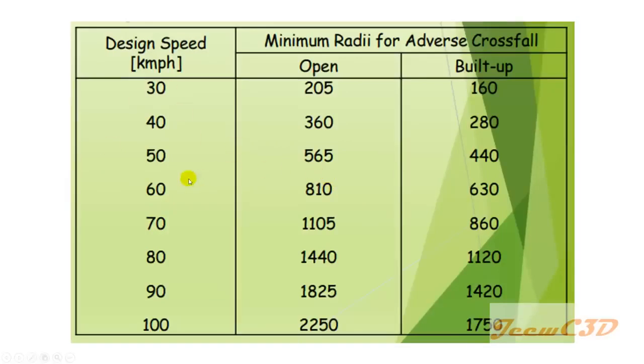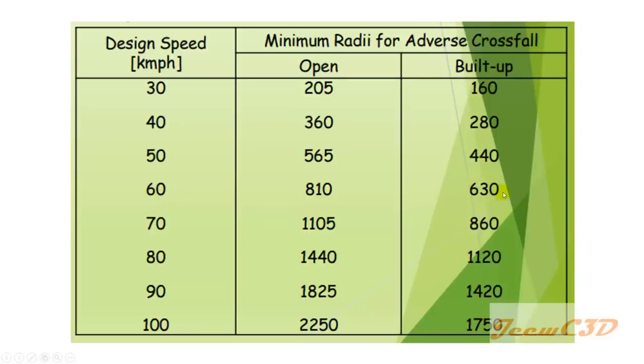But if your radius is more than 810, let us say this is a built-up area. Since it is a built-up area, at 60 kilometers per hour design speed, your adverse crossfall radius will be 630.